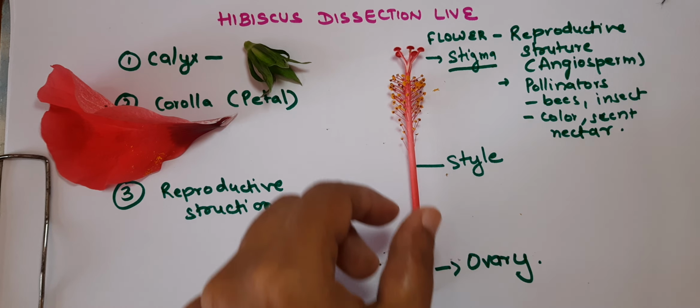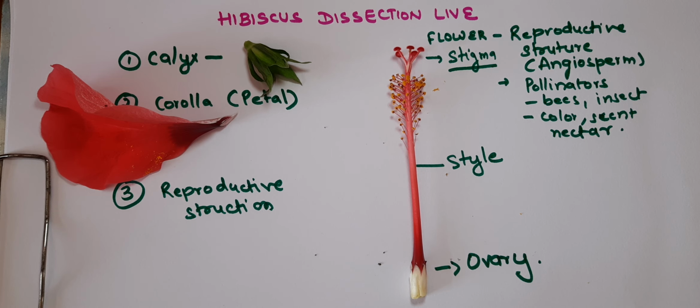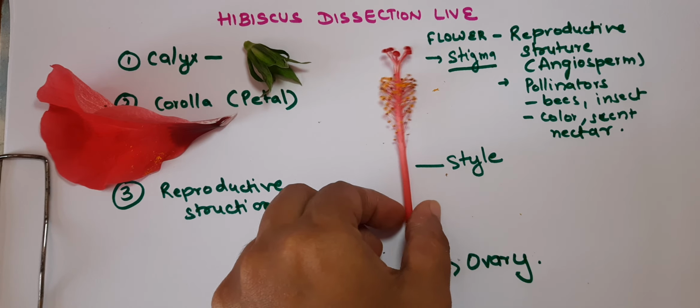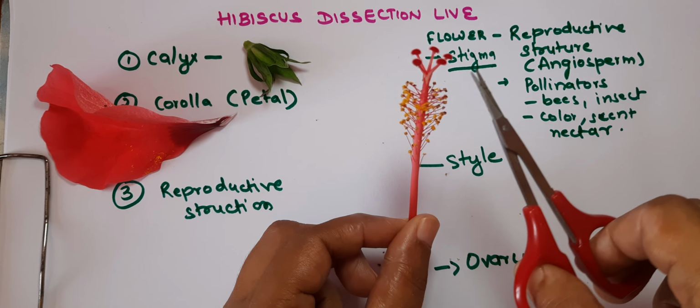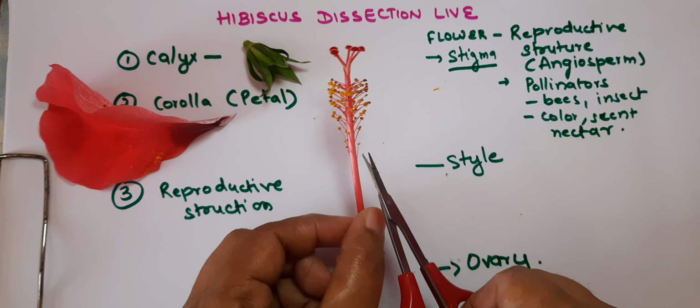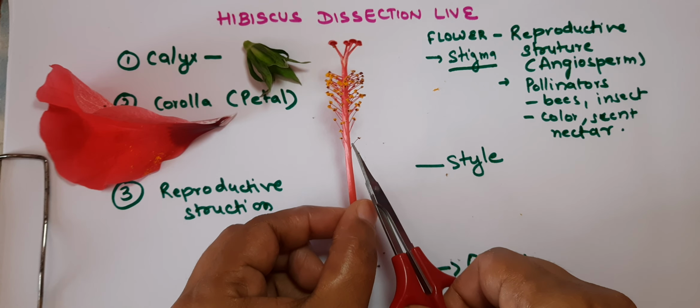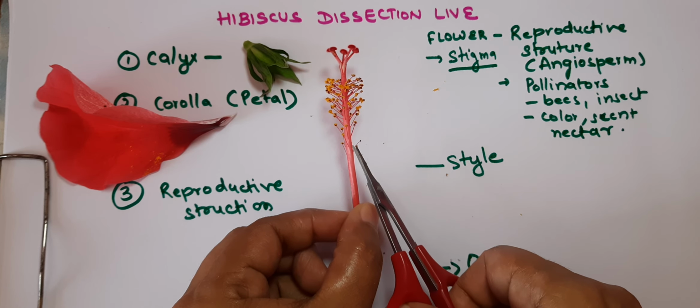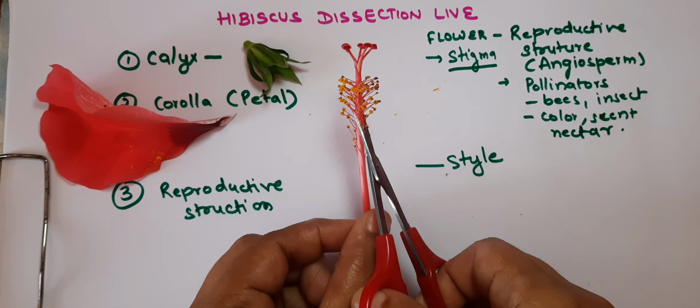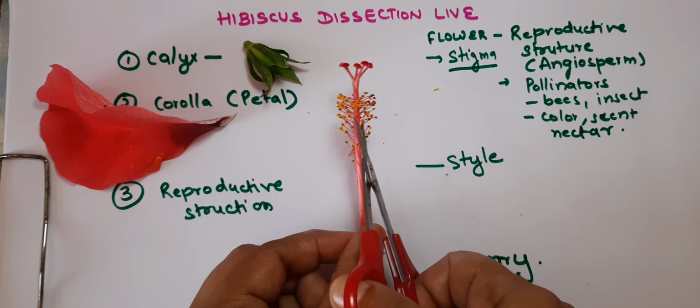And if we talk about the male organ, then there are numerous stamens which are fused into a column around the style. Okay, this red one is the stigma, and this one is the one with the yellow head.